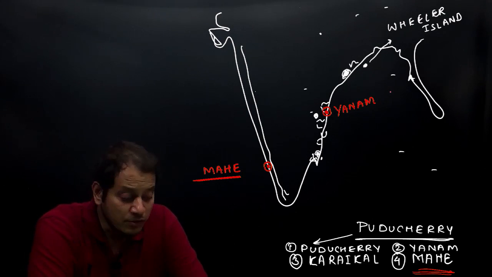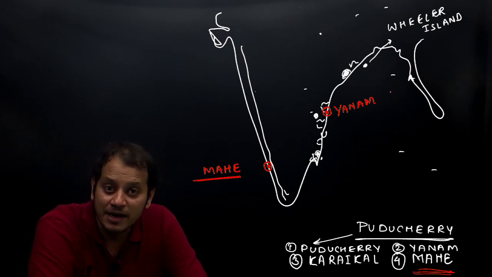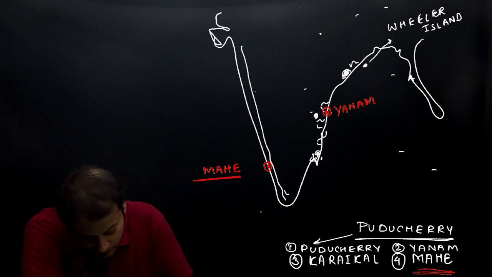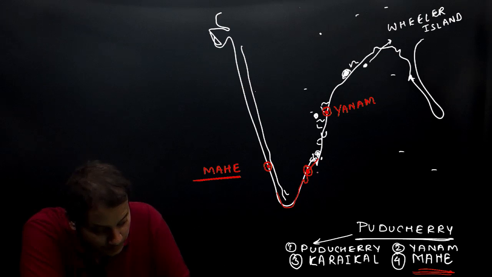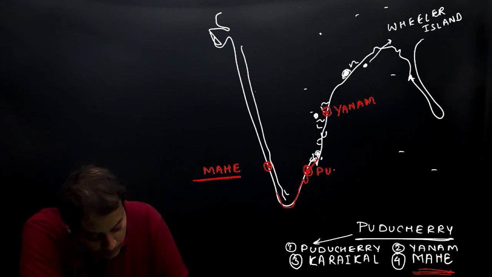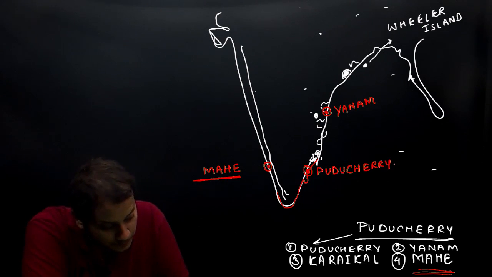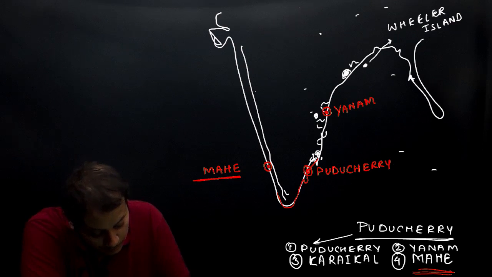After that, come down. What is it, Puducherry or Karaikal? If you come down, it is the Puducherry region. If I draw India like this, this is the Puducherry region, and this is the Karaikal region.